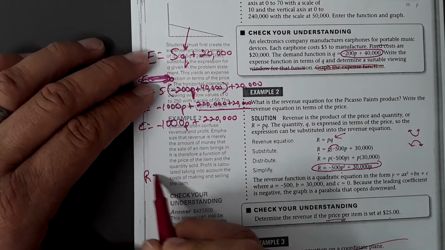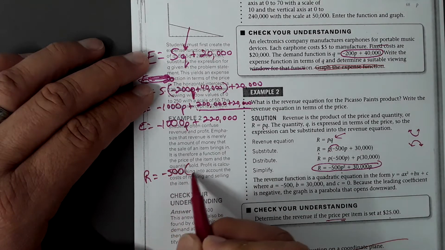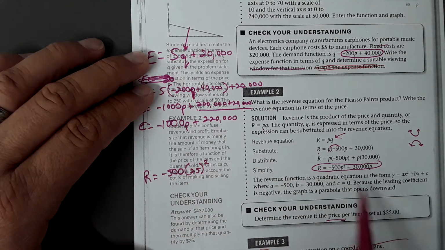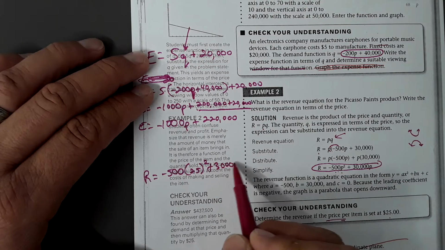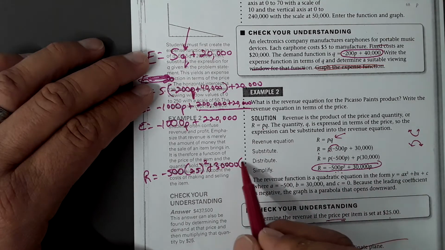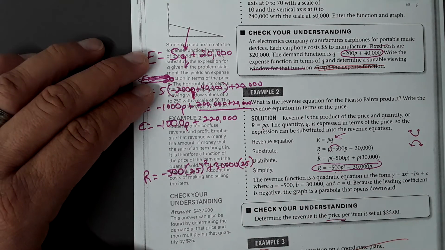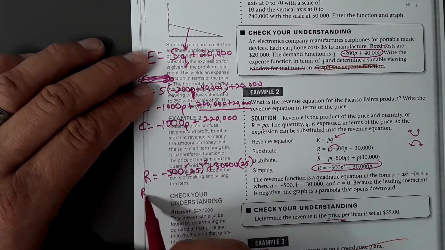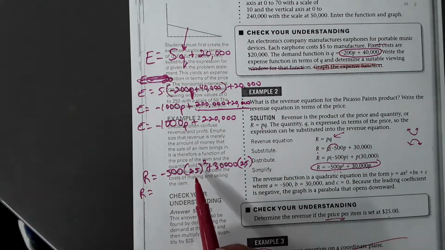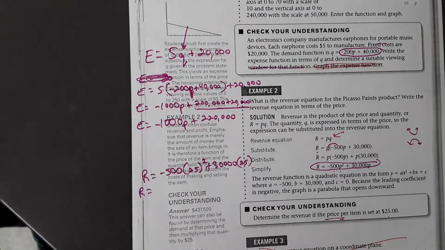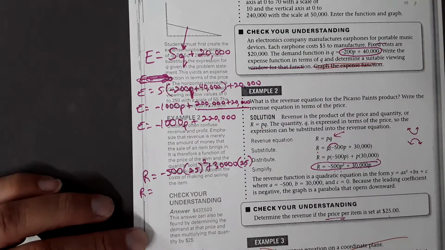So the revenue is equal to negative 500 times 25 to the second power, plus 30,000 times 25. And just simplify this and we'll have it. I've got to do my exponents first. So 25 squared is 625.